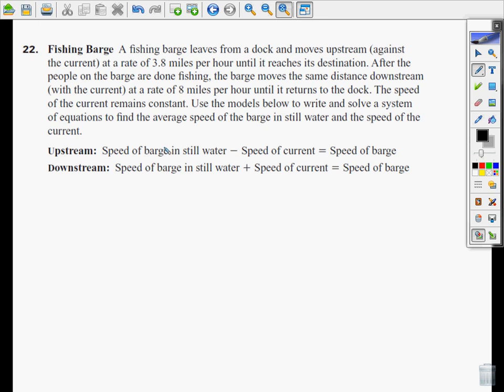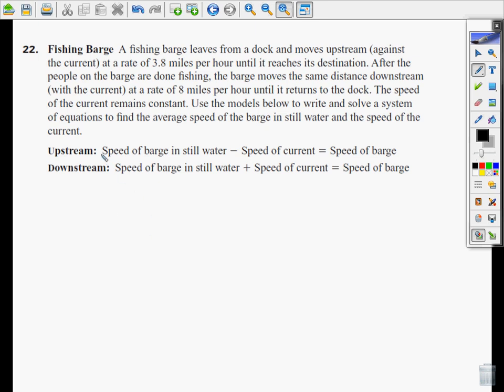After all the people on the barge are done fishing, it moves the same distance downstream, but now it's going with the current, so it goes a little bit faster. Now it's at 8 miles per hour until it reaches the dock. The speed of the current remains constant. We're going to use these models to write and solve a system of equations to find the average speed of the barge in still water and the speed of the current.